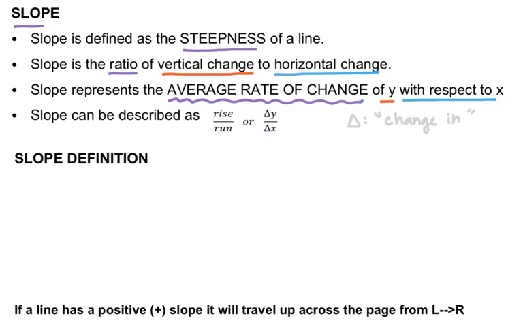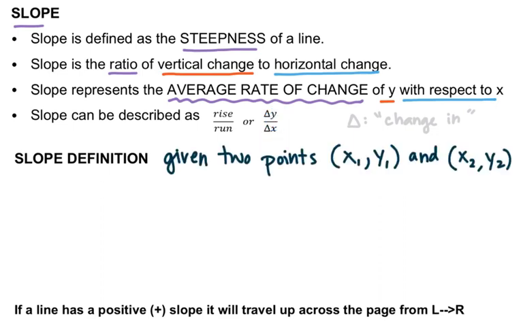Okay, so slope, if you're talking about the steepness or the average rate of change, you're going to be setting up this ratio of vertical in the numerator to horizontal in the denominator. Y with respect to x. Rise over run, or just change in y over change in x.